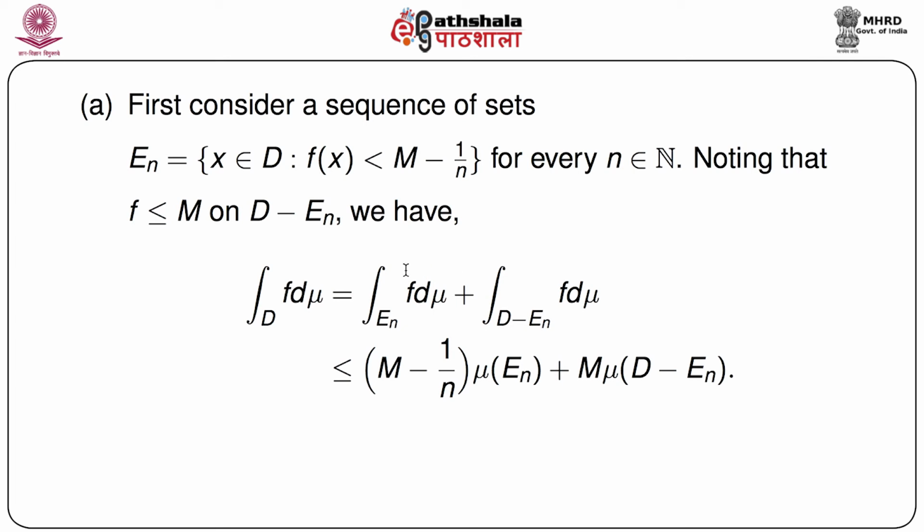we have the integral over D of f dμ. We can split this into the integral over E_n of f dμ plus the integral over D minus E_n of f dμ.